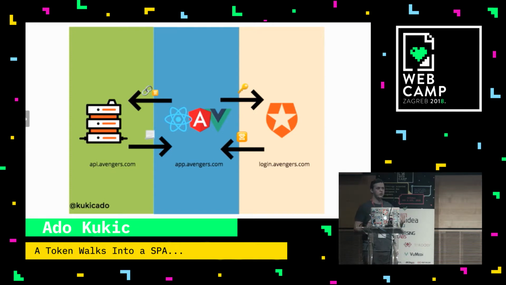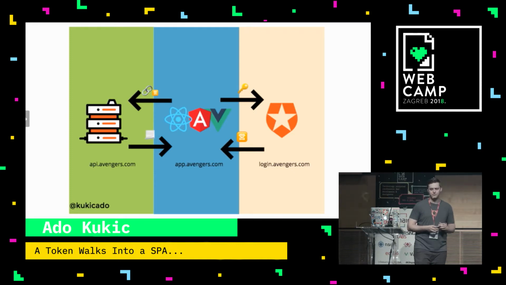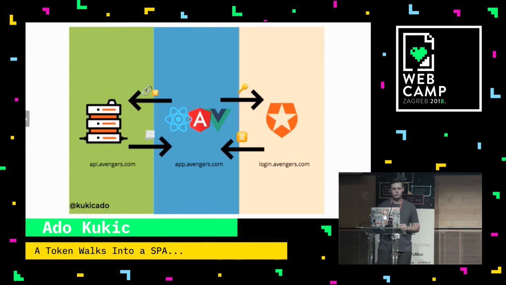So if you were to store your token in a cookie or local storage, you just opened up an attack vector for a bad guy to misuse and hack your application. So let's take a look at how we would mitigate this.